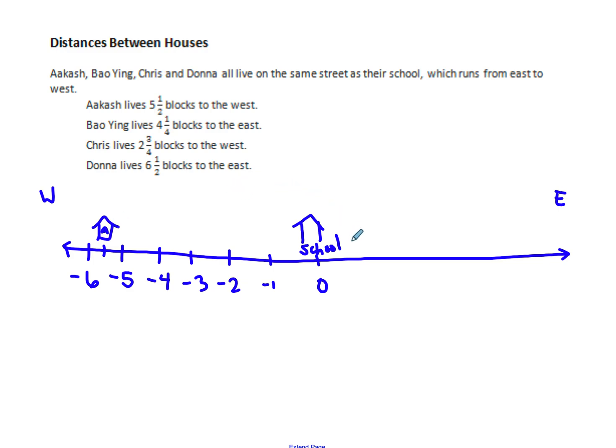Bao Ying lives 4 1/4 blocks to the east. So 1, 2, 3, 4, 5. 4 1/4 is going to be approximately here.